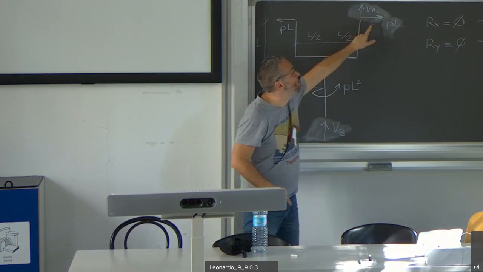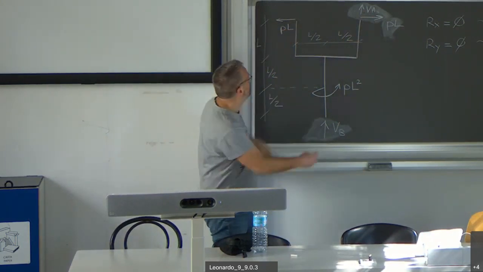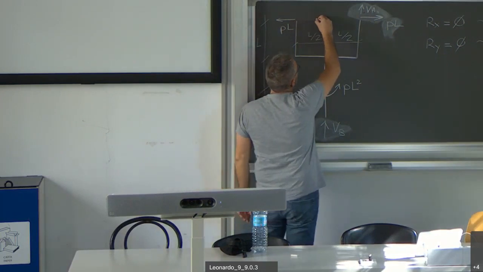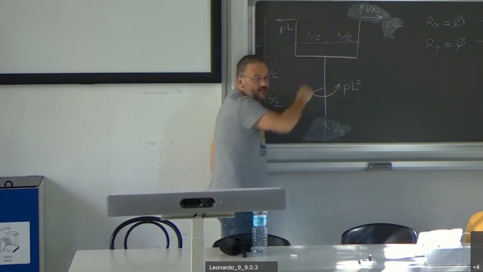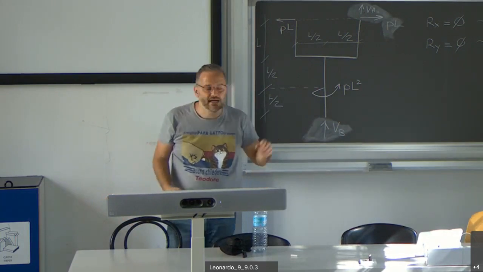Noteworthy, this point also allows you to get rid of this contribution because the line of action of this force goes right through that point. So that's a wise choice.